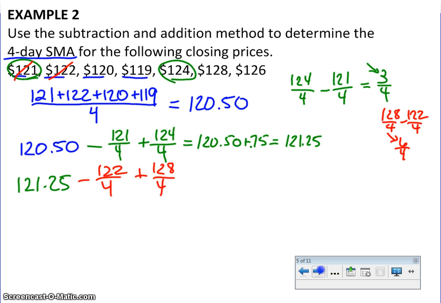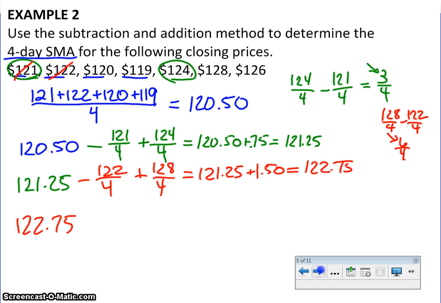So 6/4 is $1.50. So I'm at 121.25 plus 1.50 equals 122.75. So now I've got 122.75, and I've got one more set of calculations.